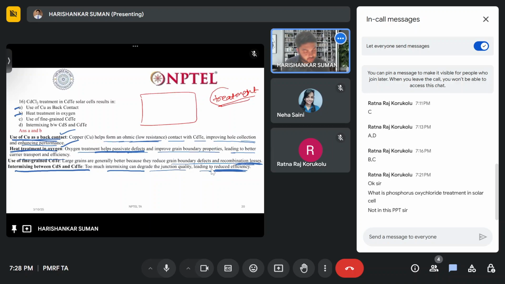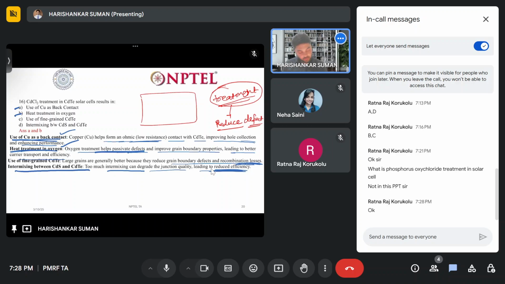This treatment is generally used to reduce defects. Generally we think only of the top surface, but for POCl3, phosphorus oxychloride is a chemical dopant.